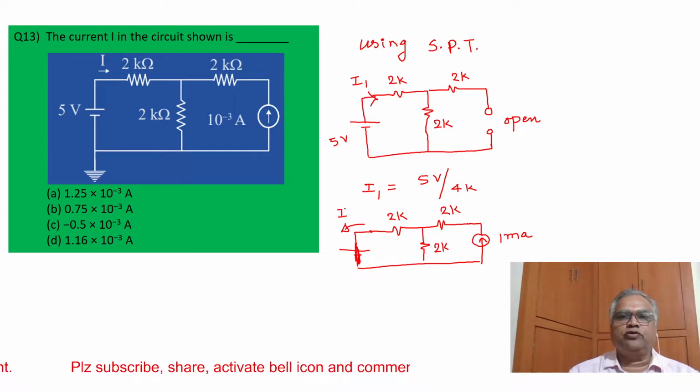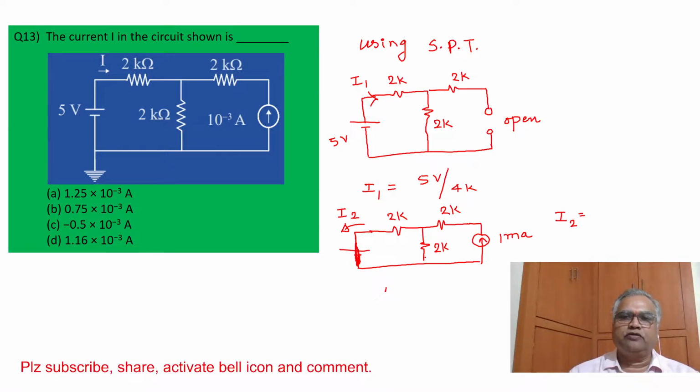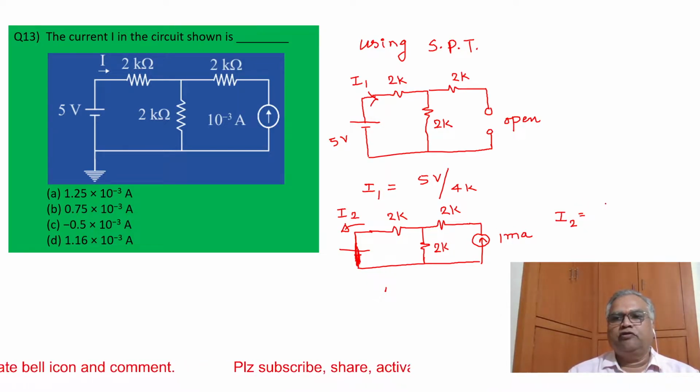This current I am calling I2. So what is the value of I2? The incoming current of 1 milliampere divides between the two 2K resistors, so I2 will be 1 by 2 milliamps.